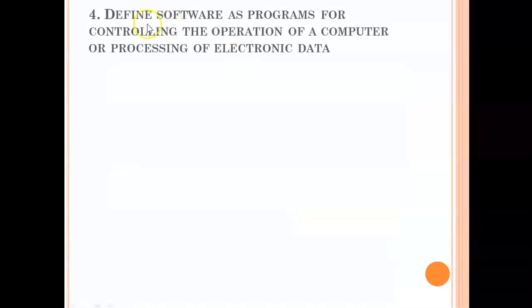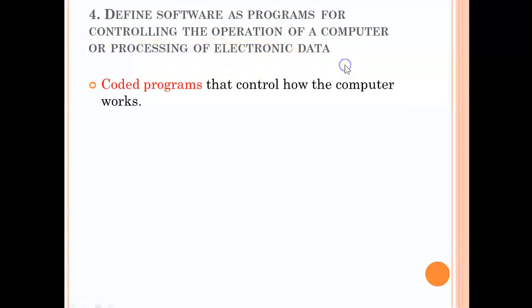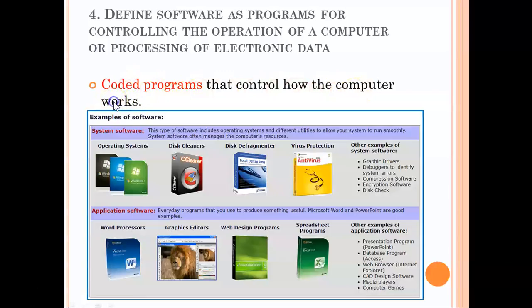Define software as programs for controlling the operation of a computer or processing of electronic data. That is pretty much what the syllabus says you've got to be able to do. As long as you can describe what software is, it's the coded programs that control how a computer works.